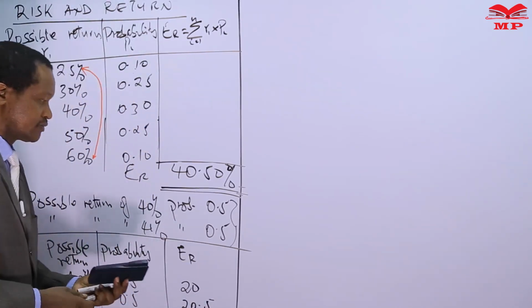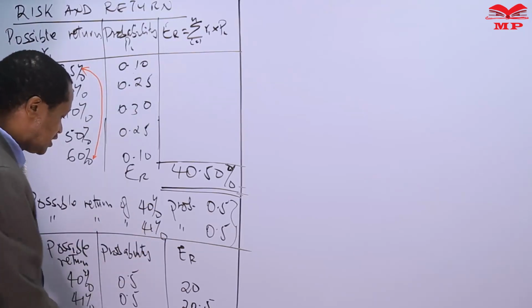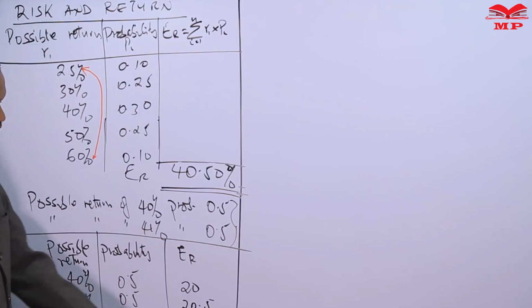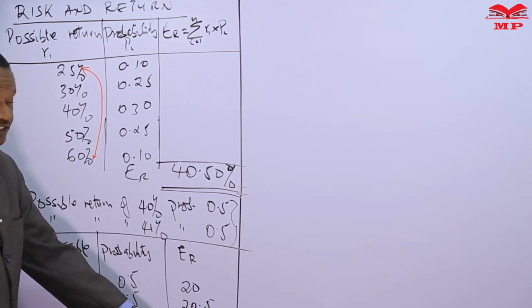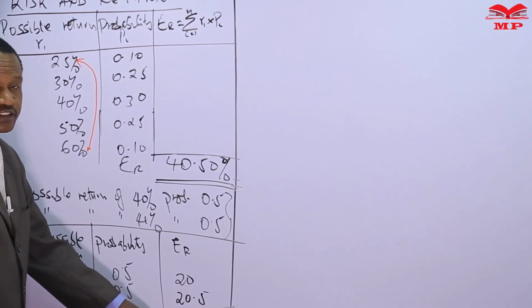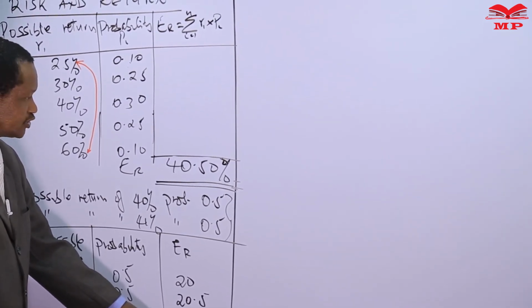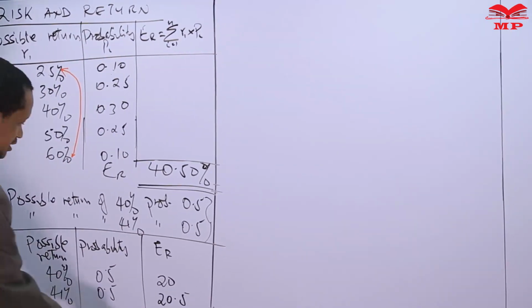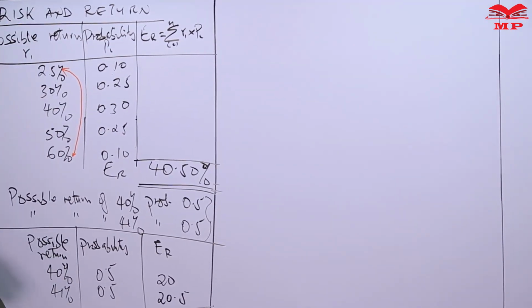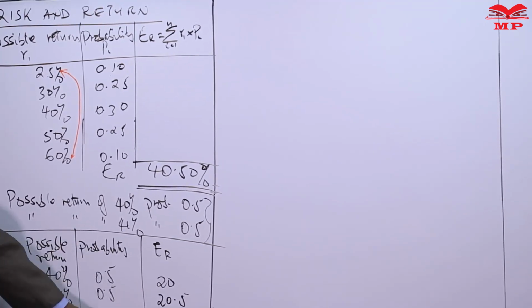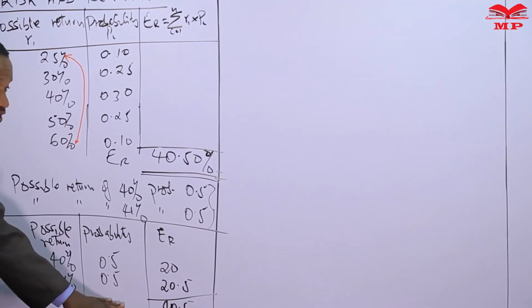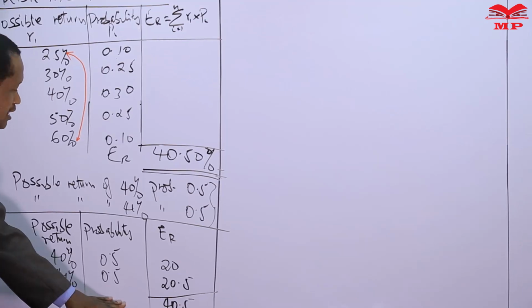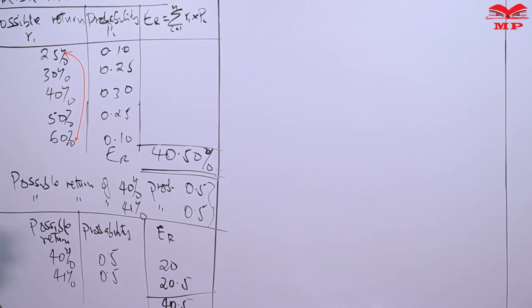You can see with different variations, we are arriving at the same expected return. But the difference here is that there is a higher variation in the first set of data than the second set of data, meaning that the second set of data is giving us a lower risk.